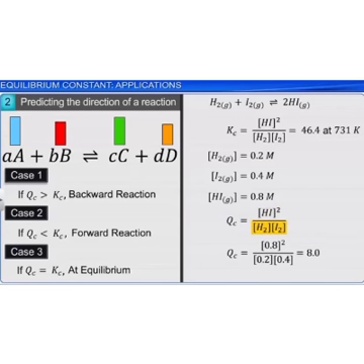This is equal to 0.8 squared divided by 0.2 × 0.4. The value of the reaction quotient comes out to be 8.0. As the value of the reaction quotient is smaller than the equilibrium constant, the reaction proceeds in the forward direction. It means that more of gaseous hydrogen and iodine react to form the product hydrogen iodide.